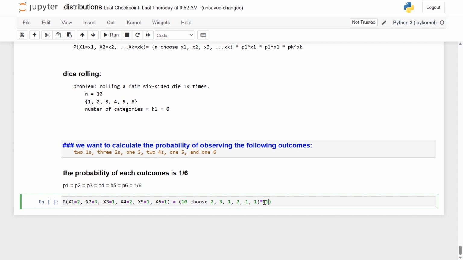All of them have an equal amount of probability, so I'm going to use the same one: 1 by 6 to the power 2, then 3, then 1, then again 2, then 1 each.